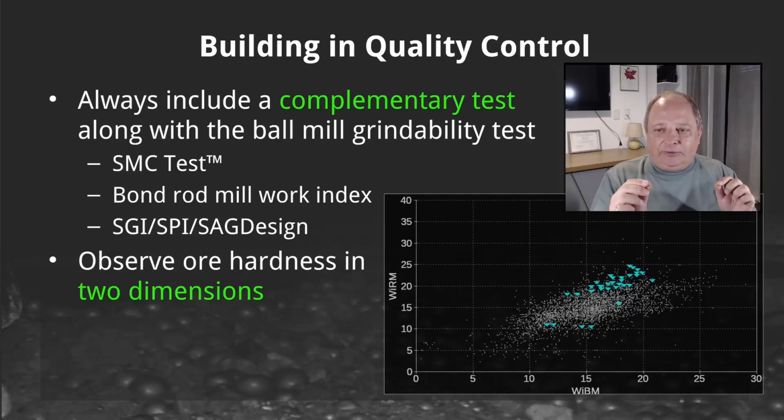The triangles are the ore in question, and then all of these gray points in the background, that's my overall database. So with this, we can see that this ore has a response where its work index in rod milling is higher than the work index in ball milling. And there are some samples that are outliers.